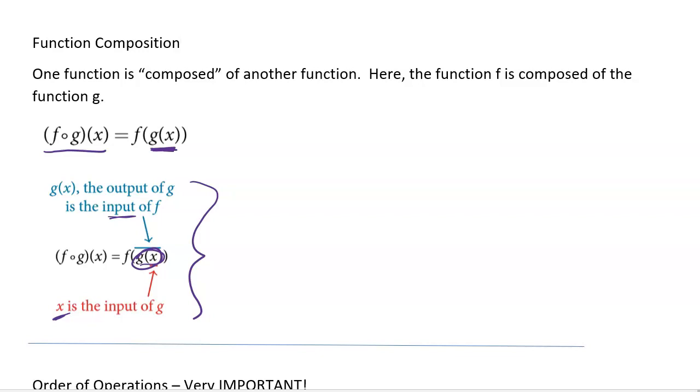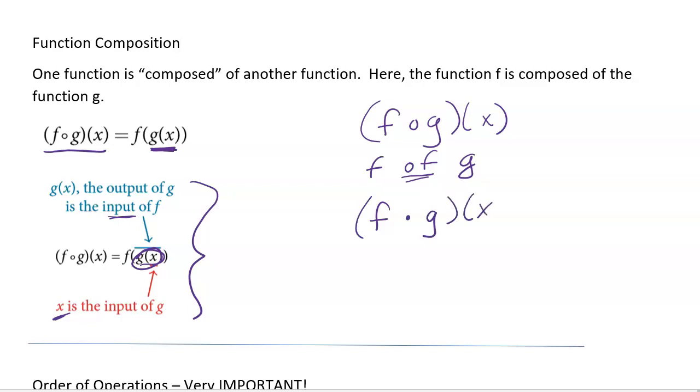One thing I want to make sure you make a note of is when you have f of g of x, we do think of this as f of g, but we have to be very, very careful that you're not getting it confused with f times g of x.